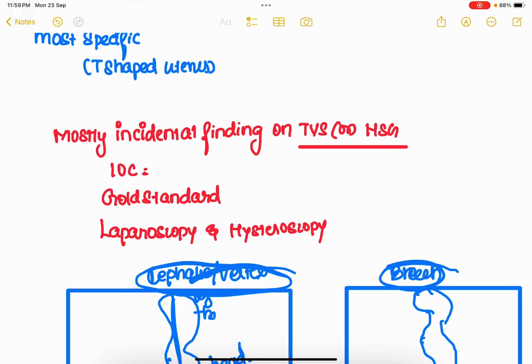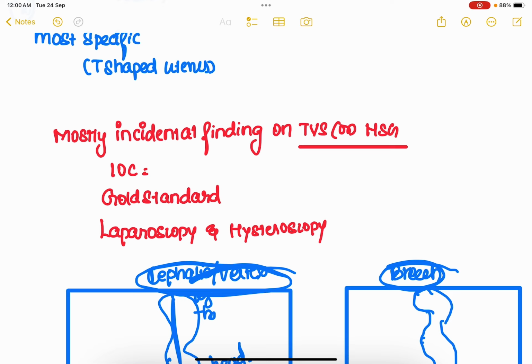Say a female comes with infertility. As part of infertility management, I order an HSG for her, and while doing the hysterosalpingogram, as an incidental finding, I diagnose this Mullerian malformation. So most commonly it is an incidental finding diagnosed on transvaginal sonography or hysterosalpingogram.